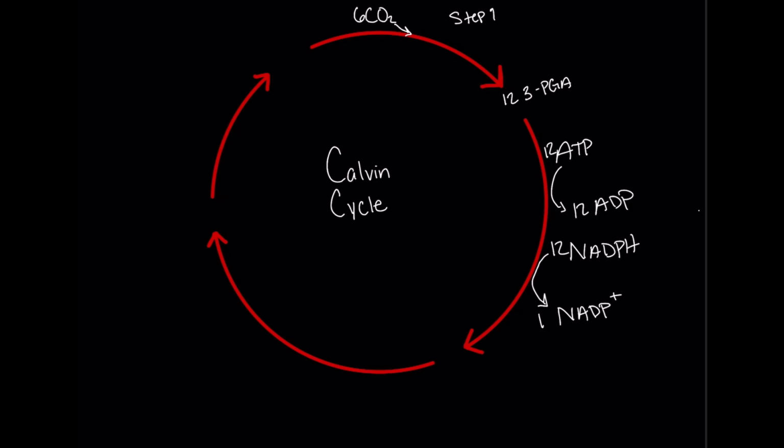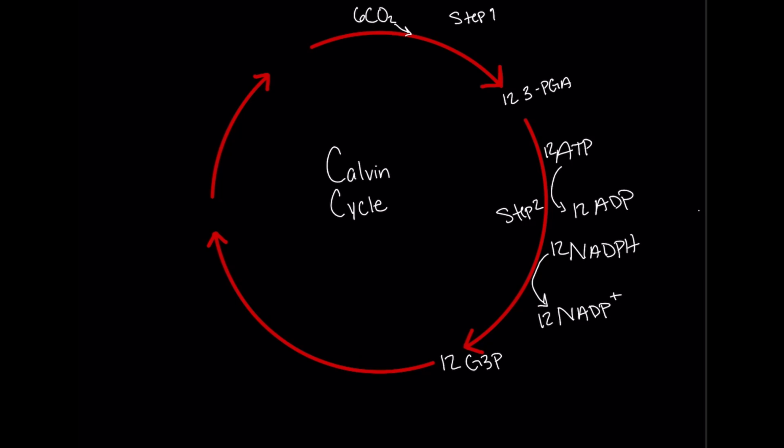And there are also 12 of these. This is the second step. And then the third step. And as a result of this, there are 12 of a molecule known as G3P.